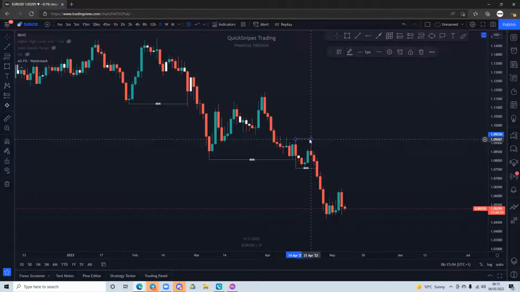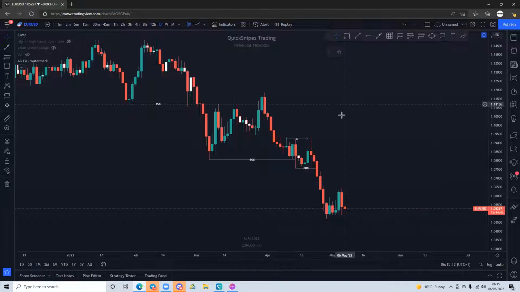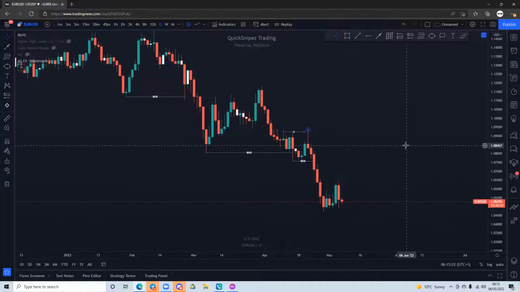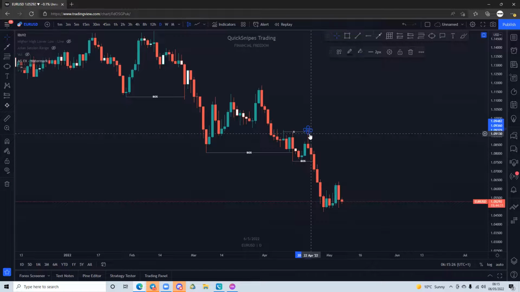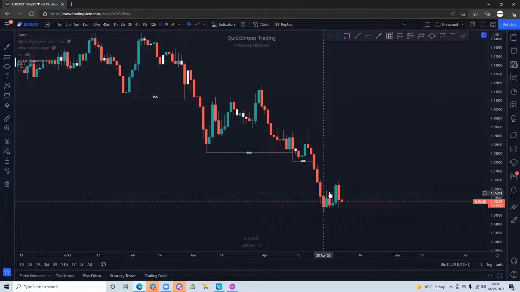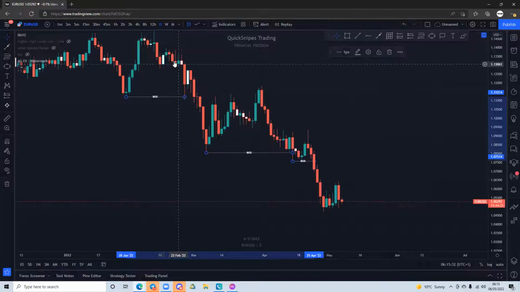There's a liquidity sweep over here. As you can see, that high was formed, it was swept by this area over here. So not much. Daily time frame is very bearish, so I will be looking predominantly for sells.